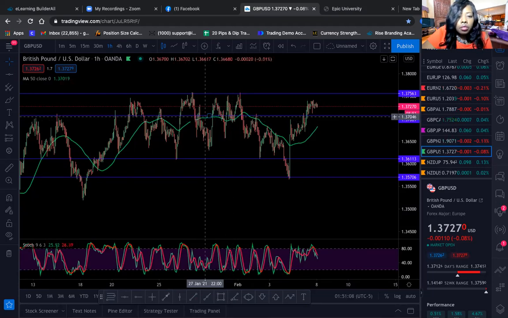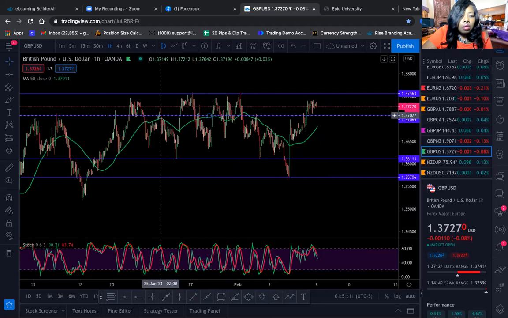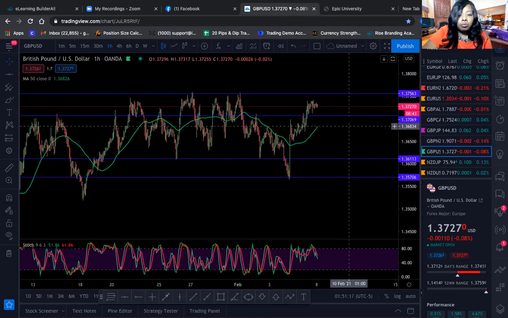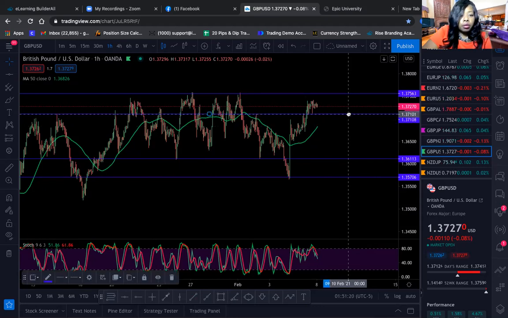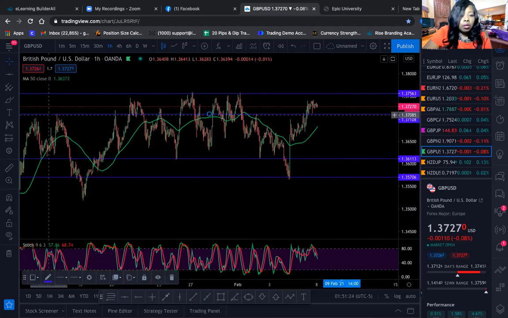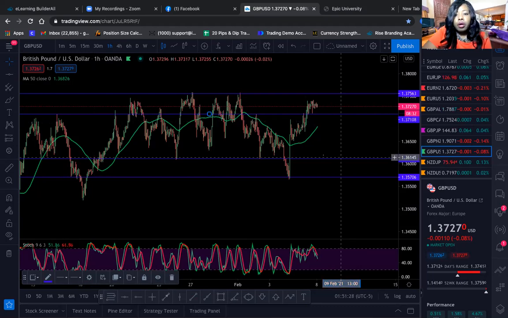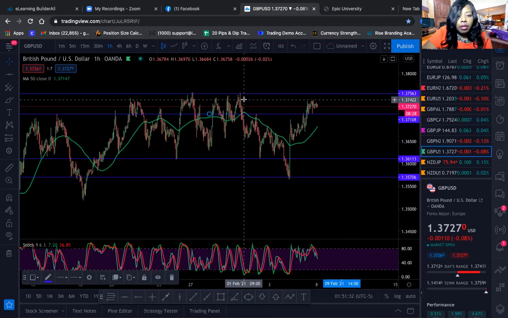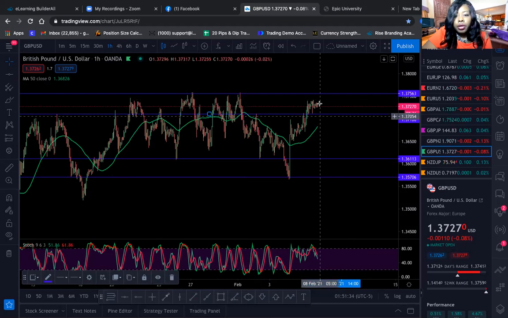You have levels here, here, here, okay, where it respected this line. Actually, I'm going to move it up just a little bit right there, because see here and here, it was strong resistance there. So I know that looking at this chart, eventually this price is going to come and meet one of these levels.